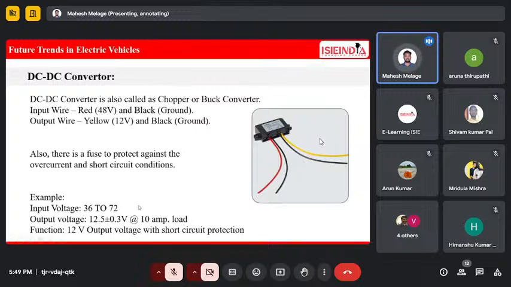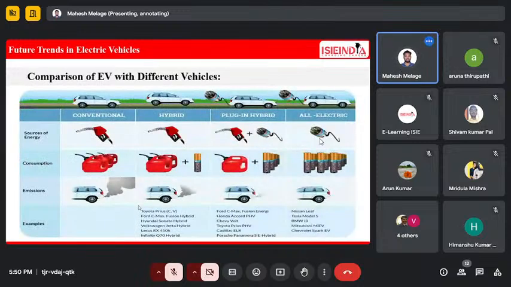The specification of the converter is 62 to 72 volts on the input side. Output is 12 volts plus or minus 0.3 volt, with approximately 10 amperes maximum load. The function is to step down the high voltage to the low voltage, because the auxiliary components can work only with a 12 volt supply.